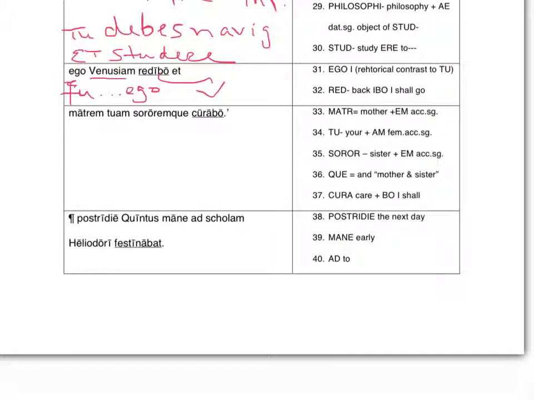And where he will return to, not technically the direct object, but the place to where, comes in the same place as the direct object. So subject ego, verb redibo, place to where, like the direct object, Venusiam, their hometown.